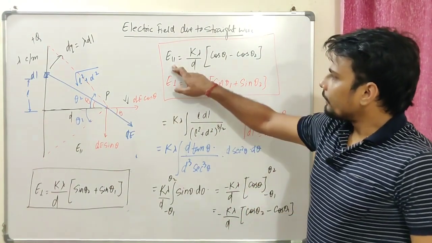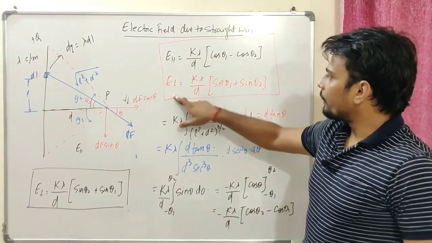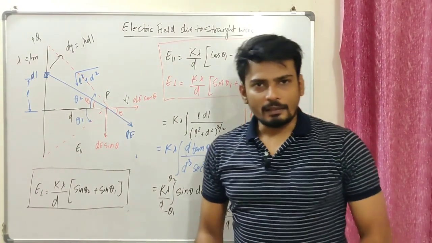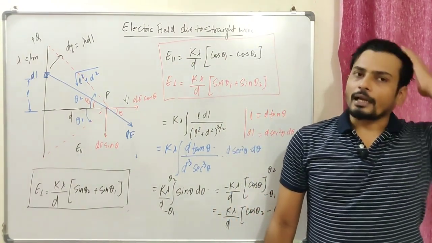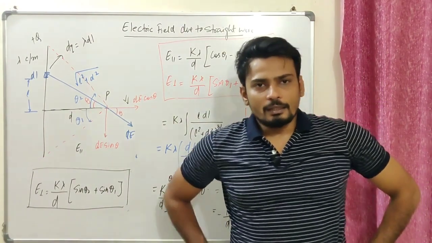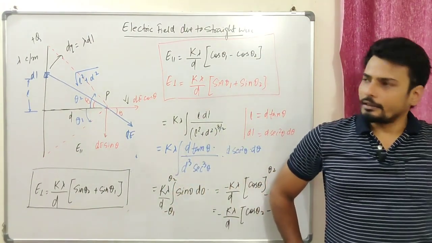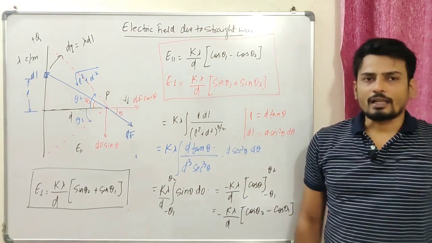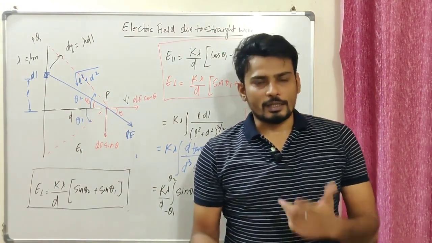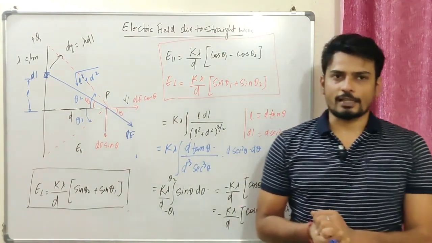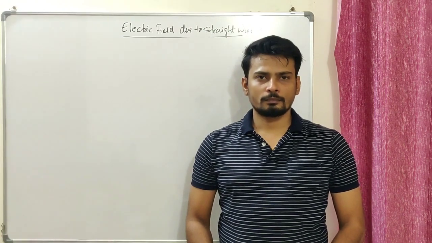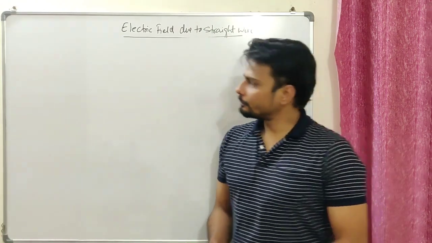Okay, E parallel, I'm going to quickly recall. E perpendicular is going to be k lambda by d times sine theta 1 plus sine theta 2, and E parallel should be k lambda by d times cos of theta 1 minus cos of theta 2. Just remember this. And how to remember? By solving more and more questions. Okay, so let us solve some more questions. Alright then, now we know that.